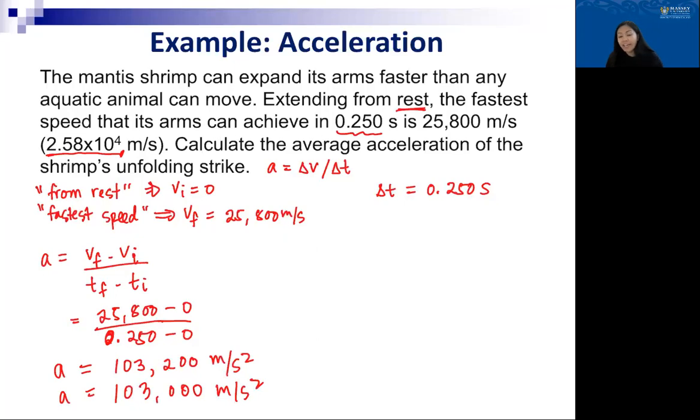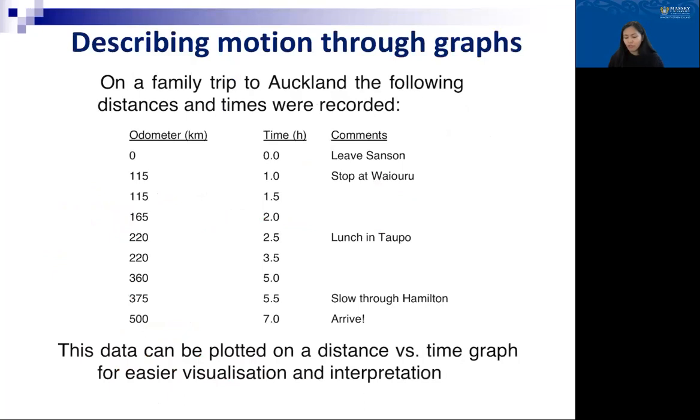Right. Okay, good. So let's consider this scenario now. When you have this family trip and you were plotting your journey by looking at how far you've traveled, making this table of your distance from your starting point and how long it took you to cover that distance when you traveled between Samson to Hamilton, for example.